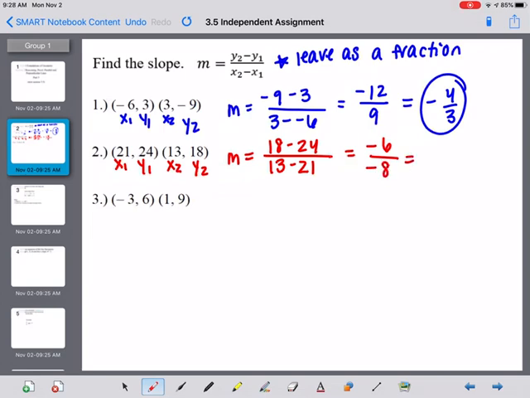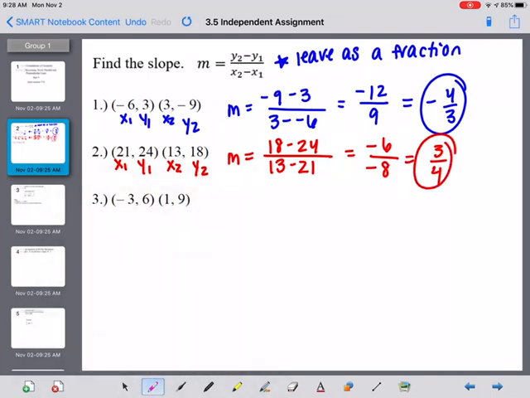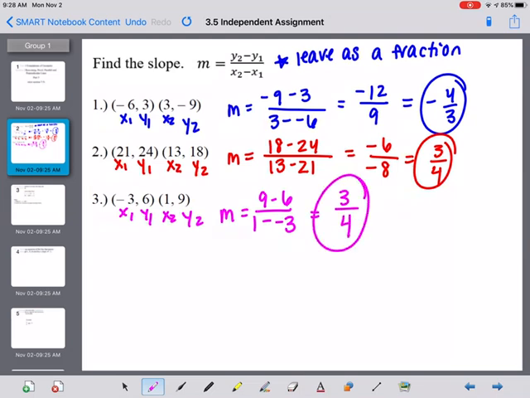Again, a negative over negative reduces to a positive, and 6 over 8, they're both divisible by 2. So our slope is 3/4. And last but not least, x1, y1, x2, y2. M is equal to 9 minus 6, all over 1 minus negative 3. This becomes 3 over 4, and there's no reducing necessary for that, okay?